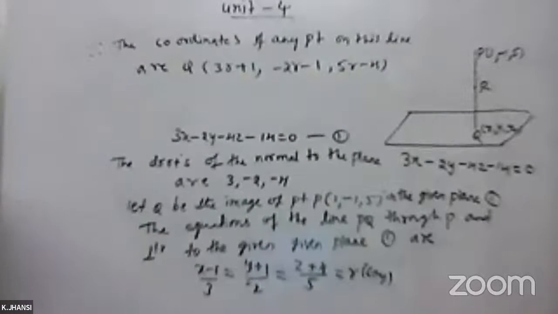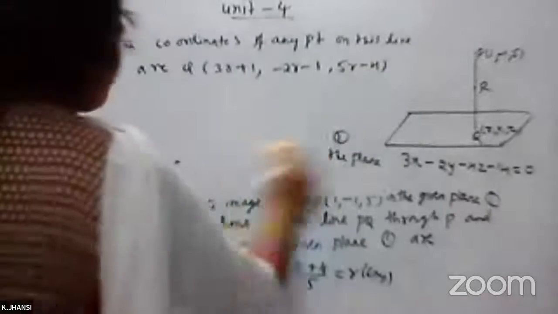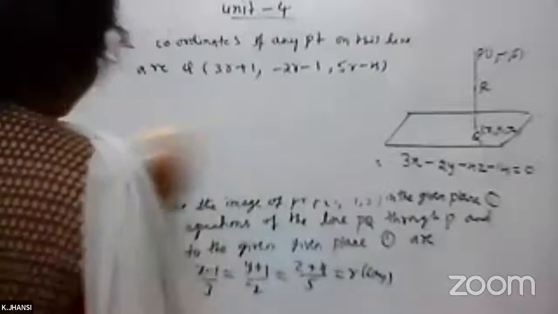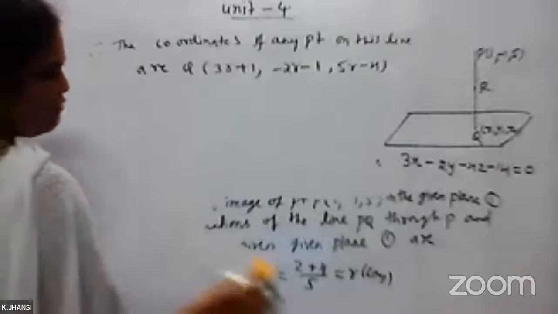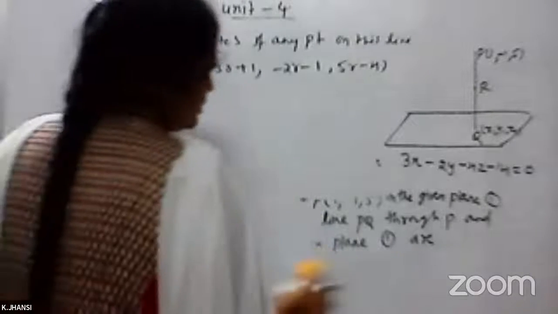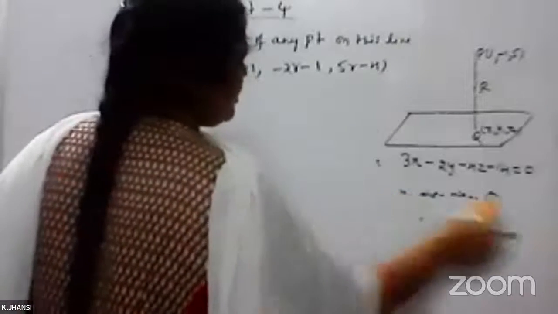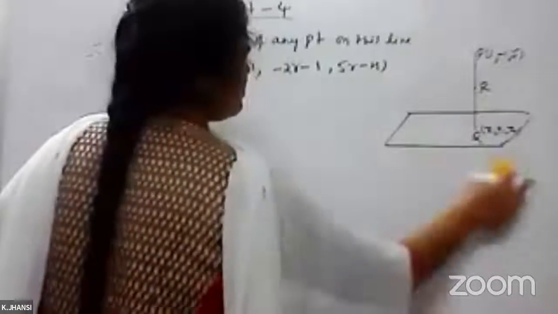Okay, so we got the coordinates of Q and we already know the coordinates of P. So we can find R. R is the midpoint of P and Q.